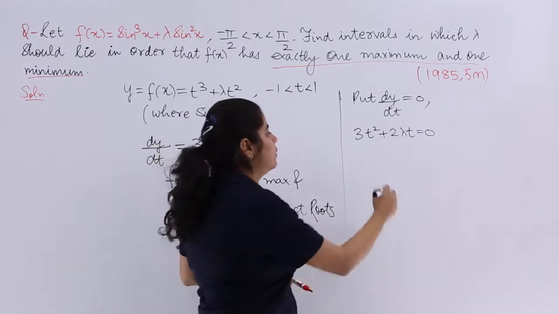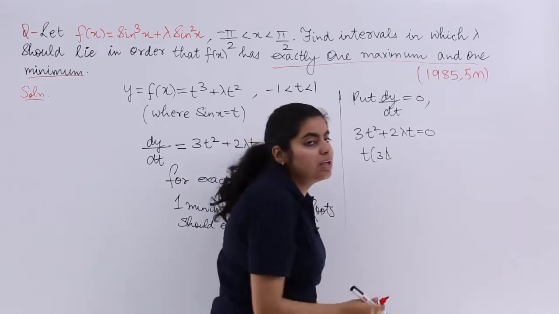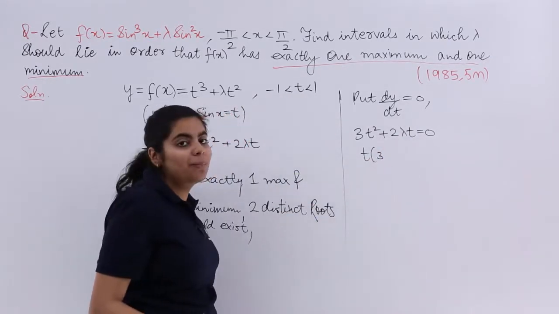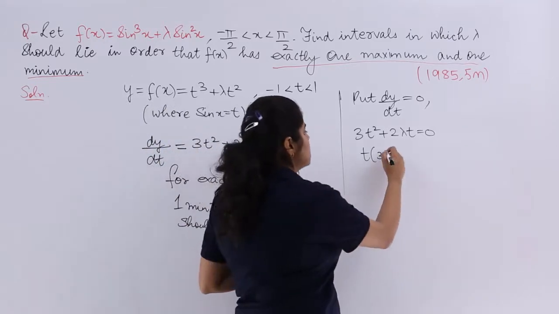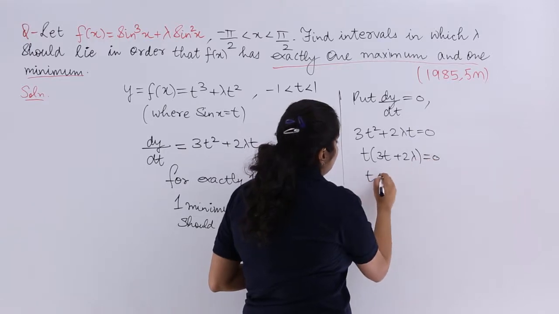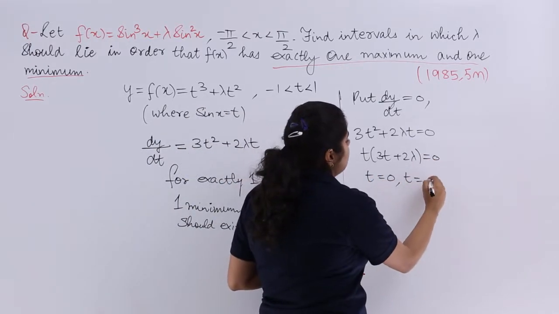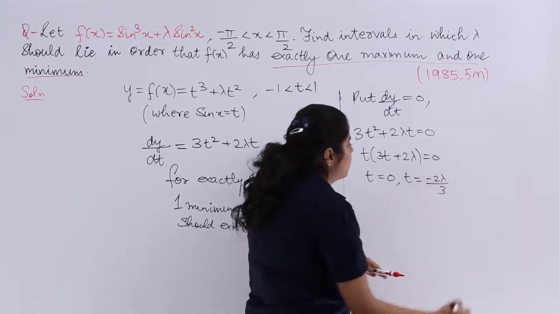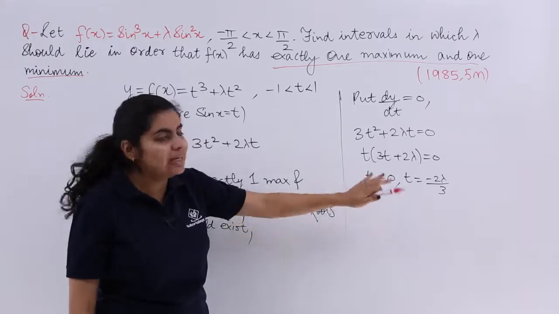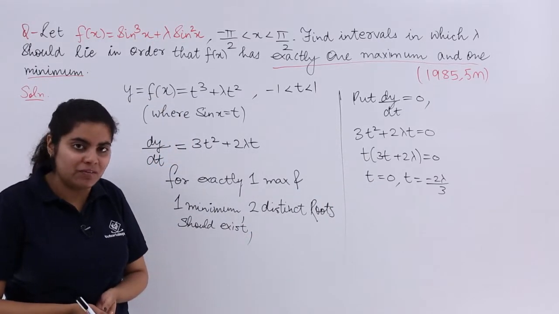Take out t common, so it becomes t(3t + 2λ) = 0. Let me find t. It is firstly 0. Next, t is coming as −2λ/3. So we are getting two values of t which are distinct. So definitely one maximum and one minimum will exist, right?